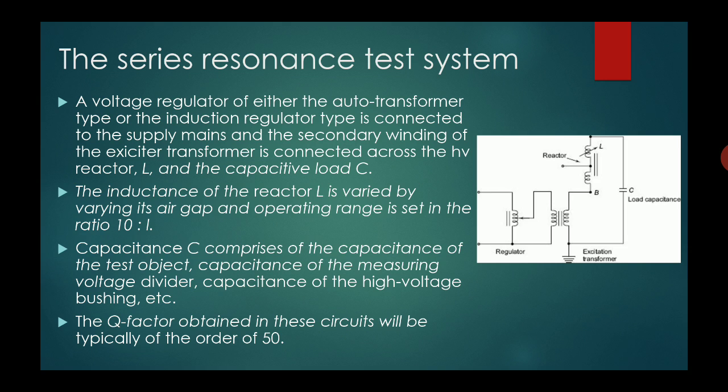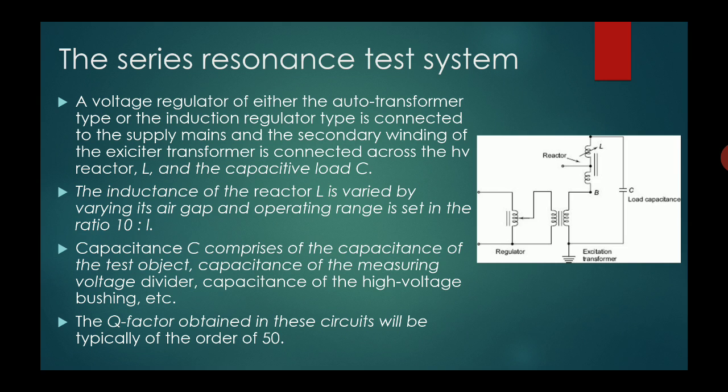The inductance of the reactor L is varied by varying the air gap, and the operating range is set to the ratio of 10:1. The capacitance C comprises the capacitance of the test object, the capacitance of the measuring voltage divider, and the capacitance of the high voltage bushing. The Q factor obtained in this circuit will be typically of the order of 50.